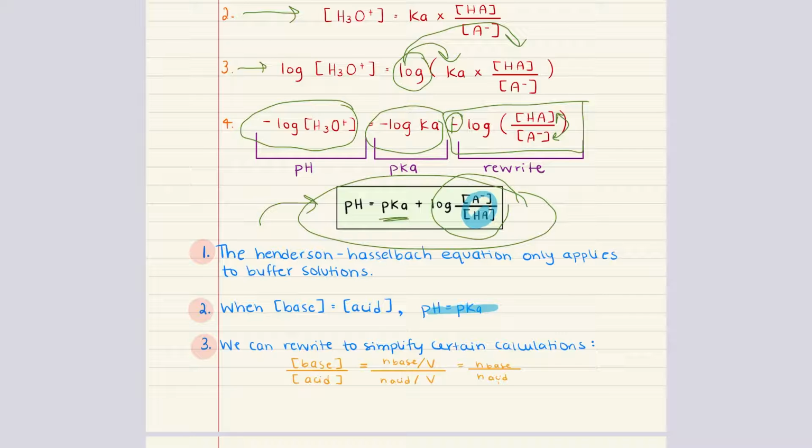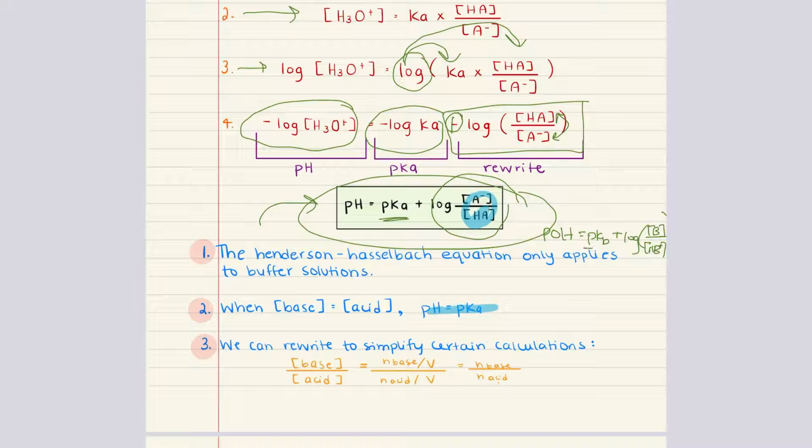For these systems, we use pOH instead of pH, and the equation becomes pOH is equal to pKb plus the log of our concentration of our weak base and its conjugate acid.